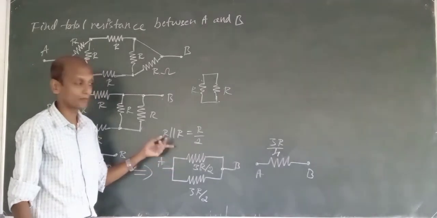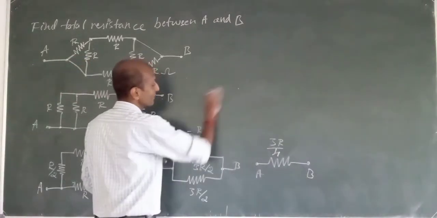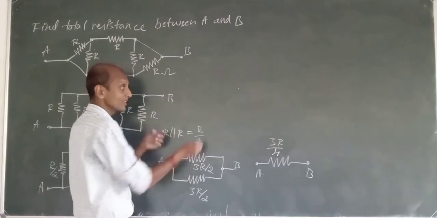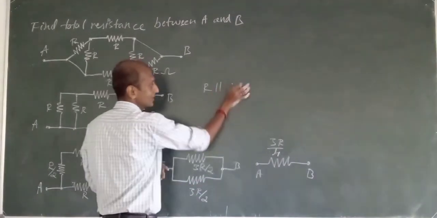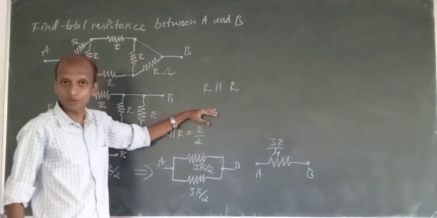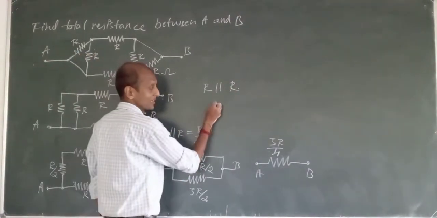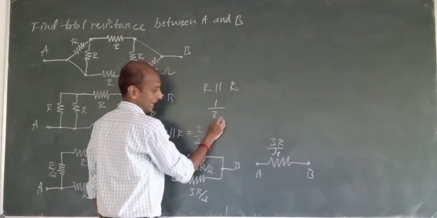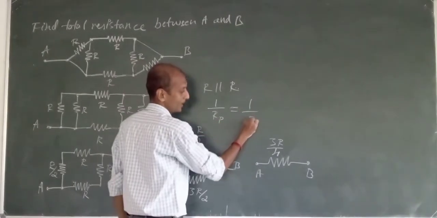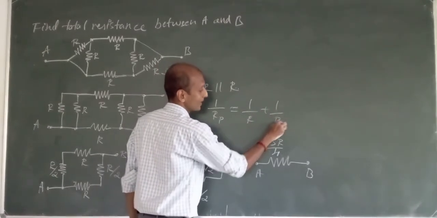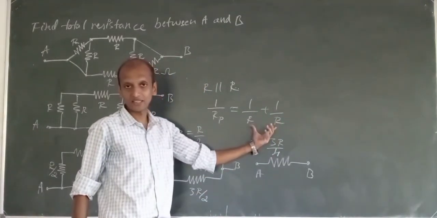How is it going to happen? When it comes to parallel combination, 1 divided by Rp is equal to 1 divided by R plus 1 divided by R.